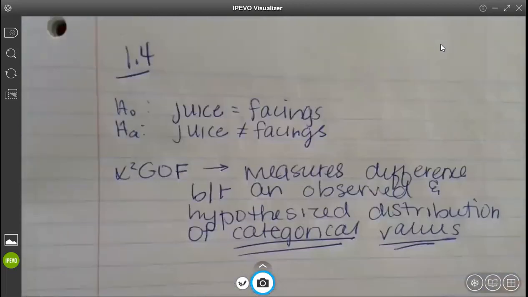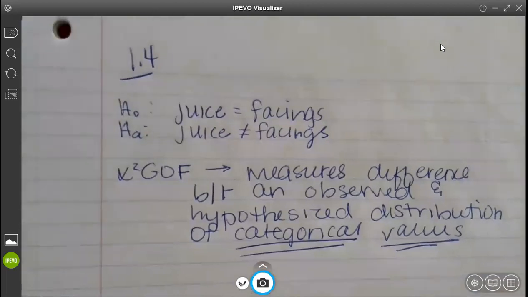Ms. Jones, when do you know to use a chi-square test and a goodness of fit test? Like, what's the difference? Goodness of fit, categorical values. We'll talk about all of them throughout all of this.